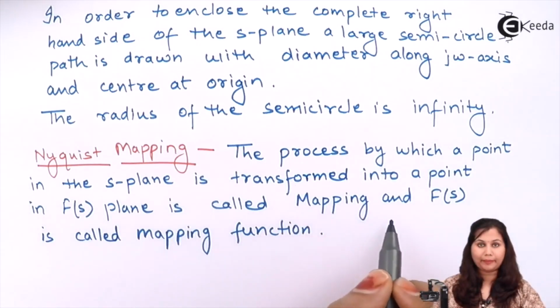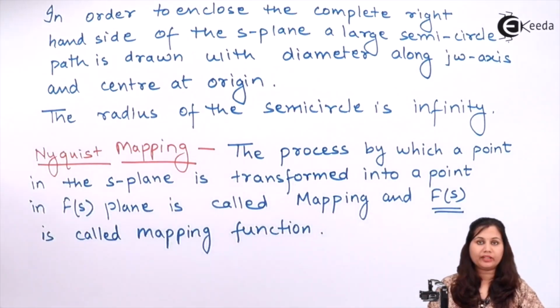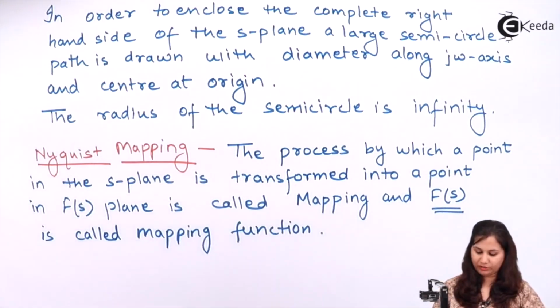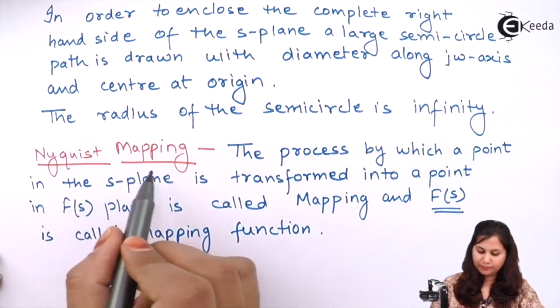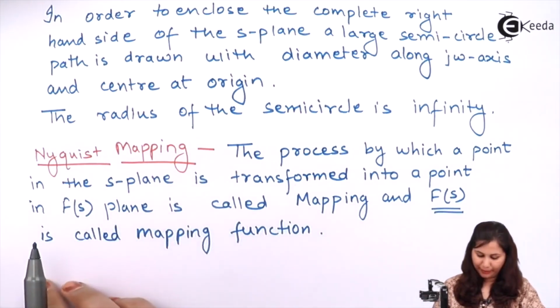It is called mapping, and this F(s) function is called the mapping function. So we have a point in the S plane, and we are transforming that point into the F(s) plane, the frequency plane, the j omega plane. This type of mapping is called the Nyquist mapping.